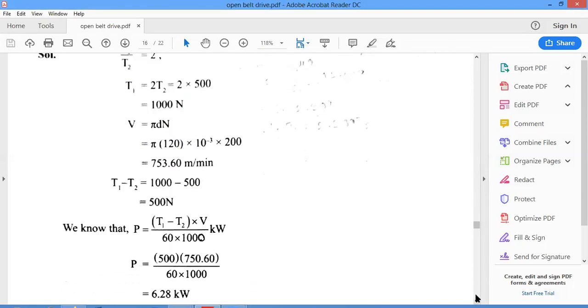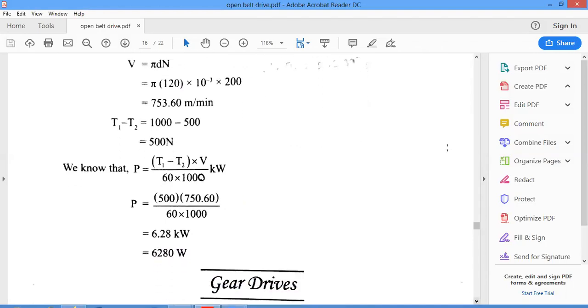Now coming to the question that they have asked, power transmitted. So power is given by P is equal to T1 minus T2 into velocity of the belt, right, divided by 60 if the velocity of the belt is in meters per minute, otherwise no. And we are going to divide it by 1000 if we want the answer to be in kilowatts.